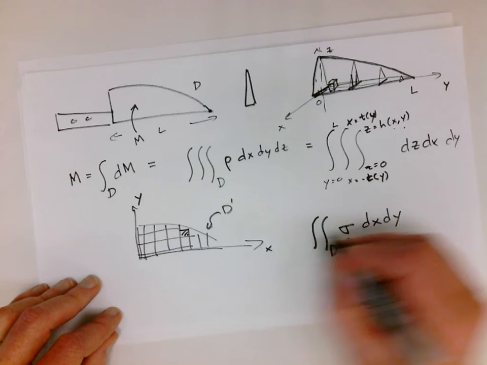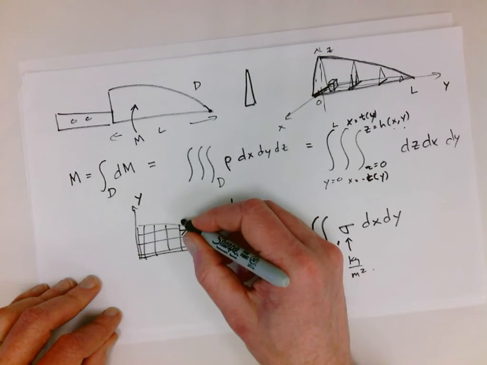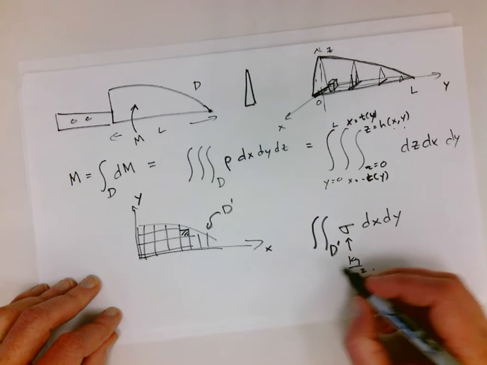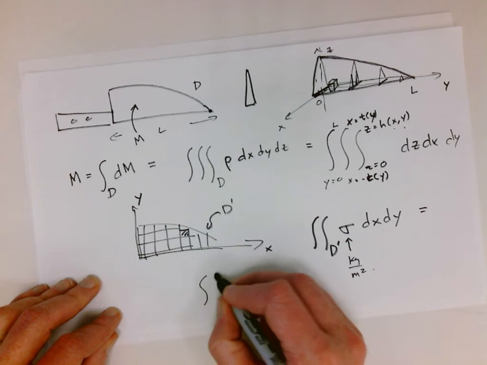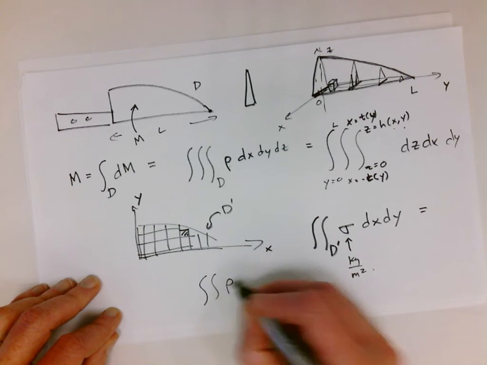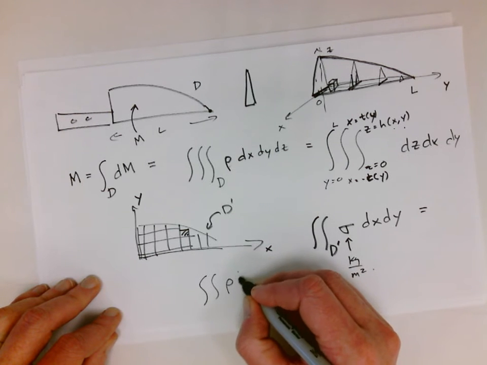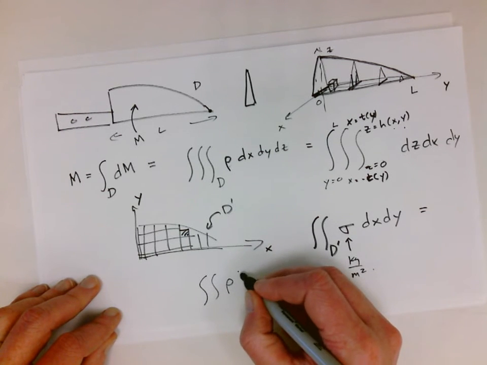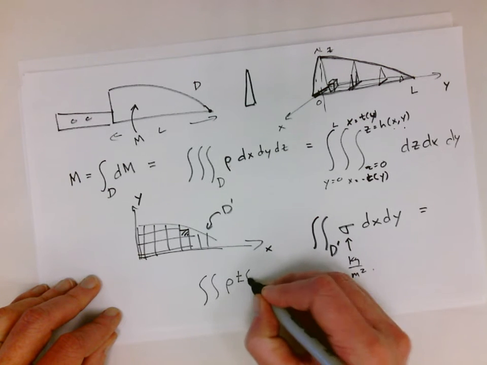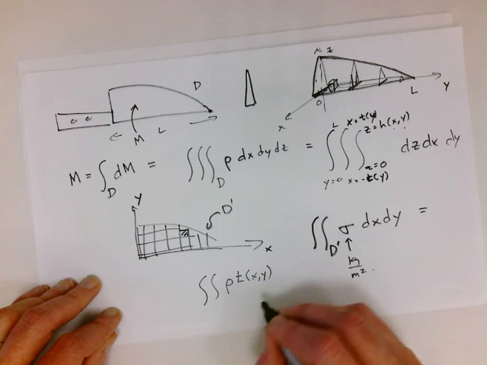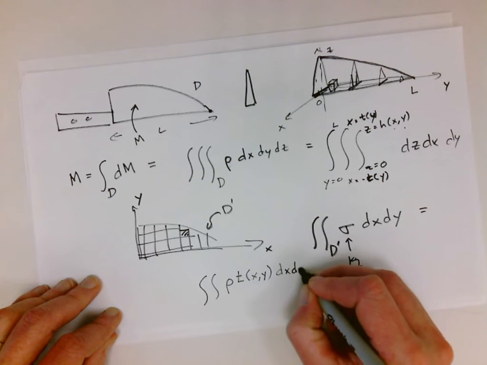Now, of course, that surface density is going to depend on what the thickness is as I go further up. So I'll need to have some function that tells me what this sigma is, and that sigma is going to be the density times some thickness, which I will call t, which depends both on x and on y, dx dy.